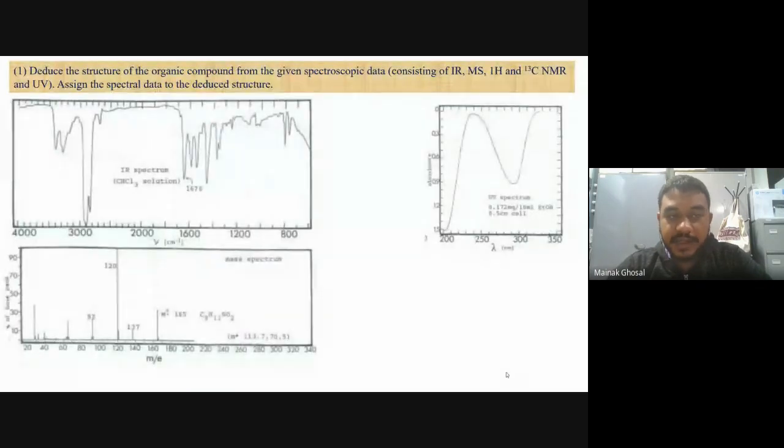So this is the first question that I am going to solve today. You have to deduce the structure of the organic compound using the given spectroscopic data consisting of IR, mass, 1H and 13C NMR, and UV. For now, UV is also given in some questions today, so you don't need to worry about UV.